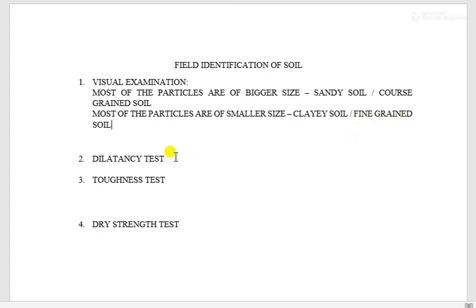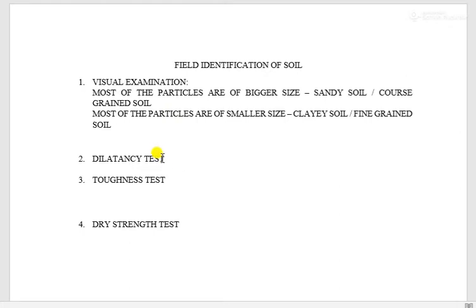Now, if the soil has most of the particles of coarse grain, then we can readily conclude that the soil is sandy or coarse grain soil. And if most of the particles of the soil sample are fine grain, then we can go for the next tests. Those are the dilatancy test, toughness test, or dry strength test.